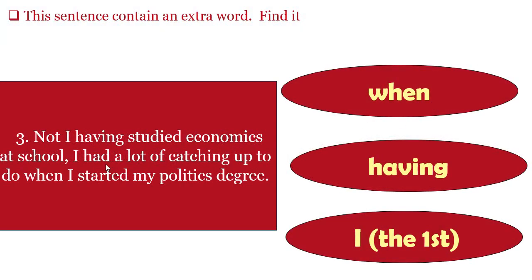Now let's continue. Not I having studied economics at school, I had a lot of catching up to do when I started my politics degree. So the extra word is here. Yes, you are right. The first I is an extra word.